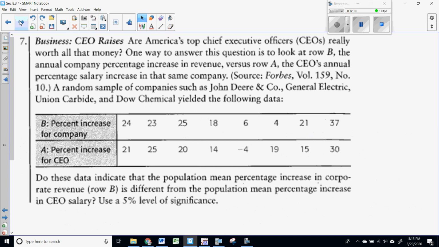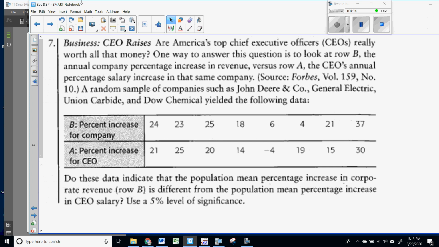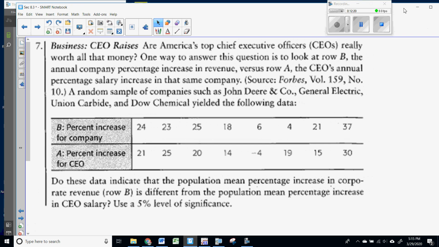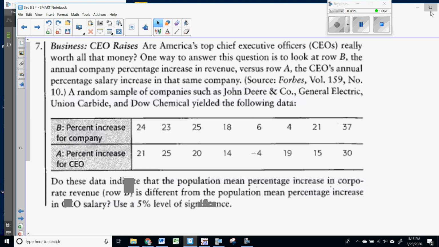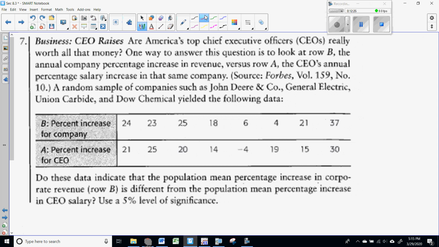Are America's top chief executive officers really worth all the money? One way to answer this question is to look at this chart where it compares how the CEO's pay increase compares to the corporation's increase. Okay.